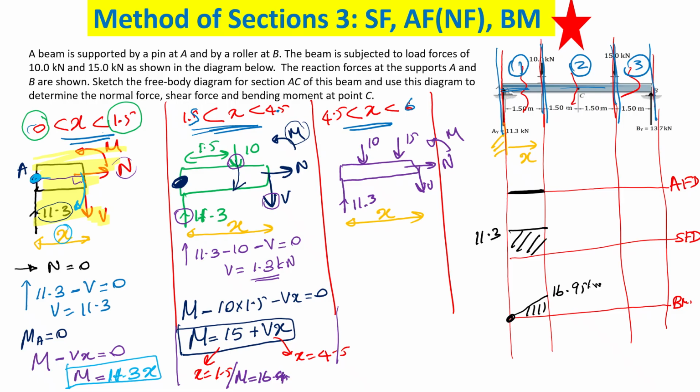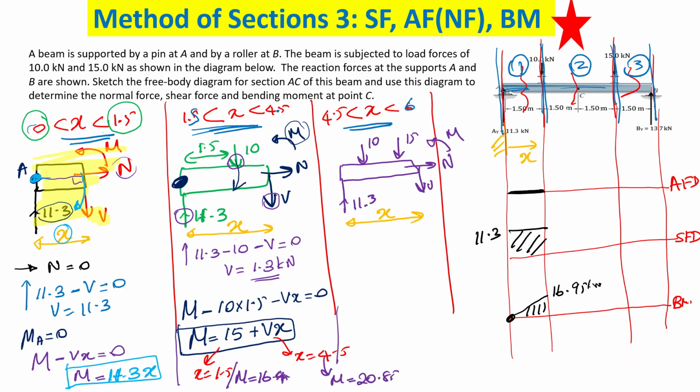And here? 15 plus 1.3 times 4.5. We are also taking V as 1.3. That's 20.85.